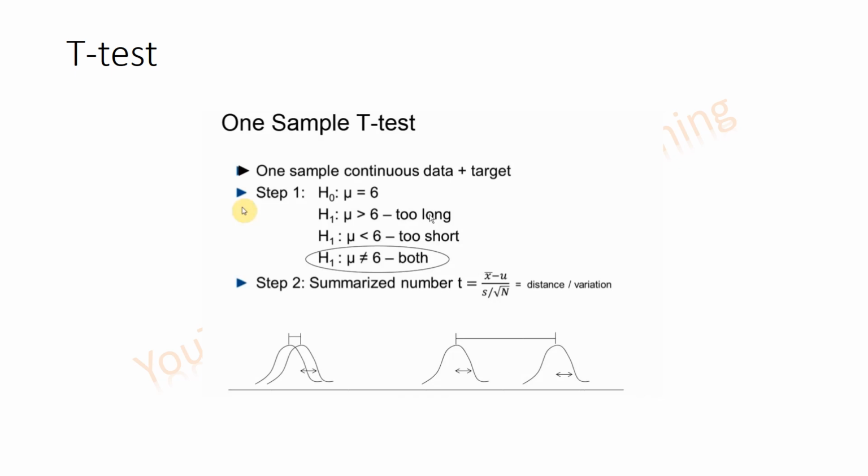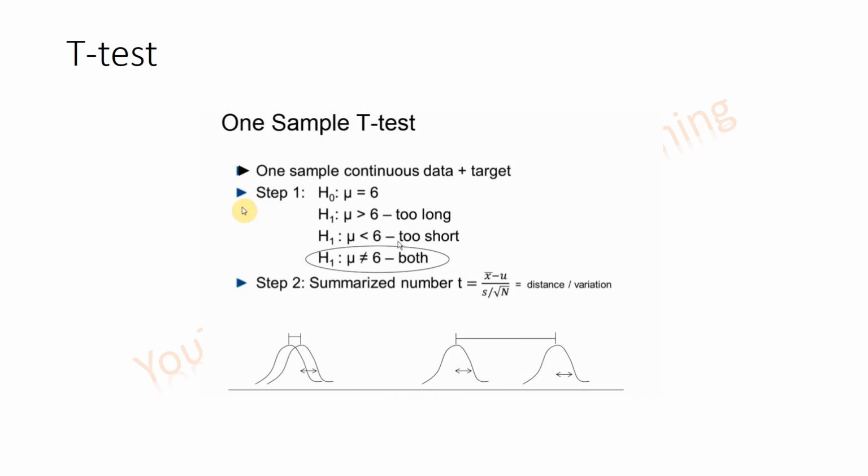So we are too long, we are too slow. So mu greater than 6 means too slow, and that's a problem. But in our case, we talk about whether our process is on target, or how our average compares to 6. Then we say mu not equal to 6.